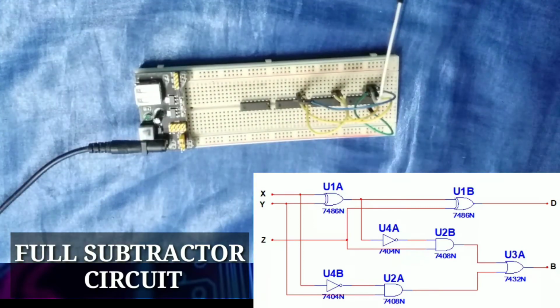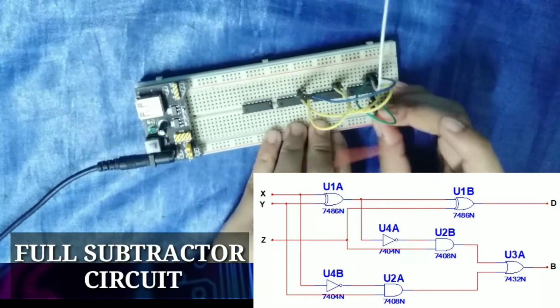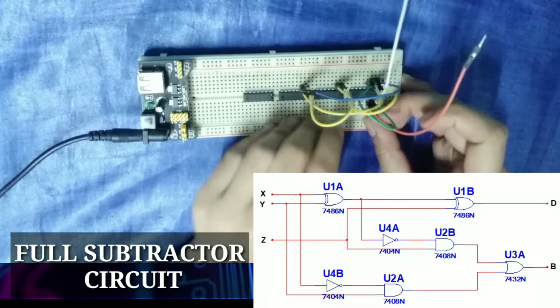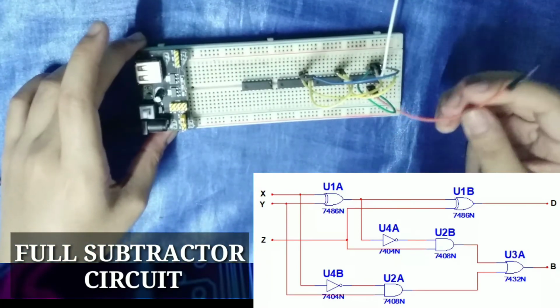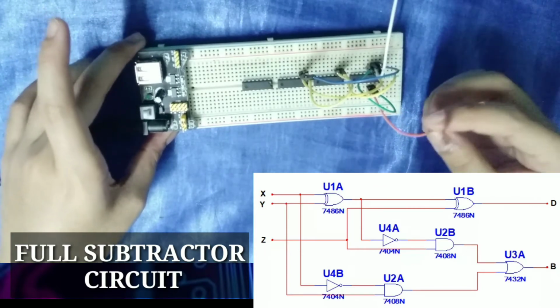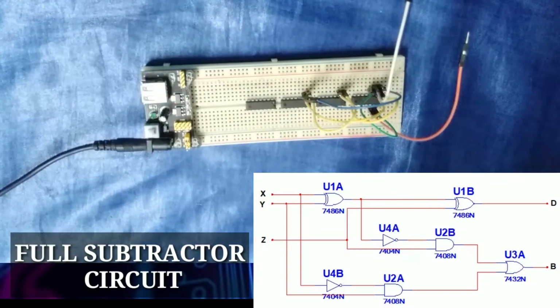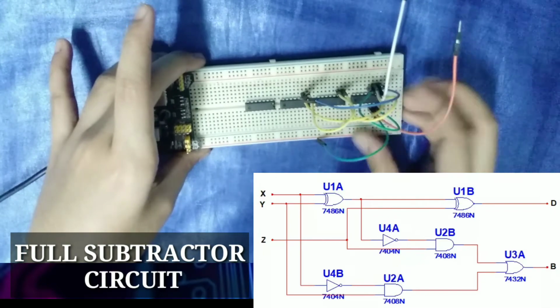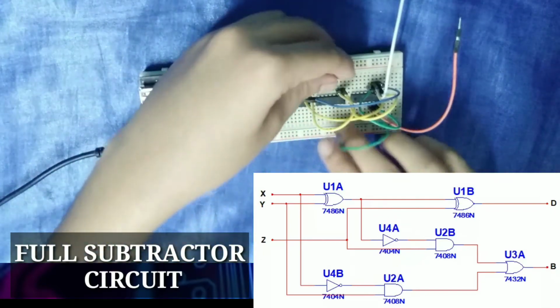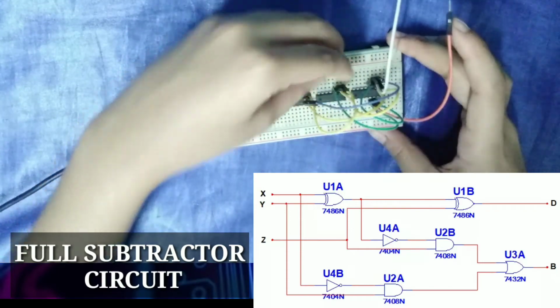And now, for our Z input, which will be our borrow-in input, let's connect another wire to pin number 12 of our 7486 IC, which is one of the input pins for our 7486 IC. Now, let's connect pin number 13 of the 7486 to pin number 3 of the 7404 integrated circuit.